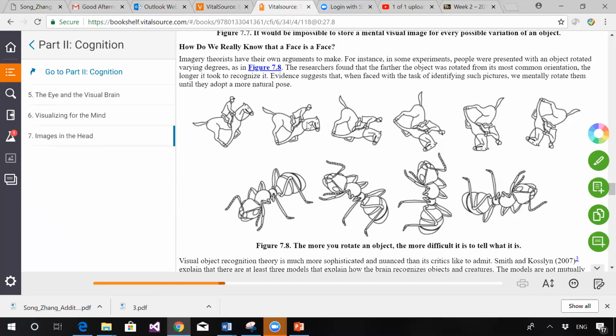But at the same time, when we see such different pictures, we know that would be a horse with a person riding on it, that kind of thing. Then, do we compare that picture to our mind directly? Well, this paragraph argues that we sometimes rotate the picture to a natural angle and then we compare them.